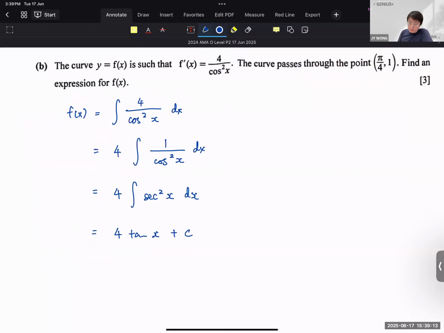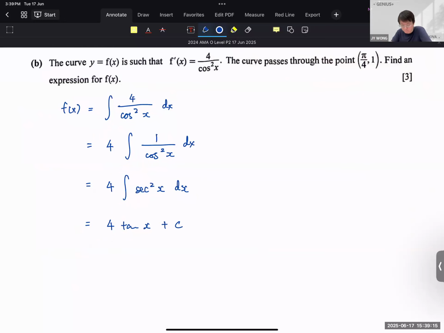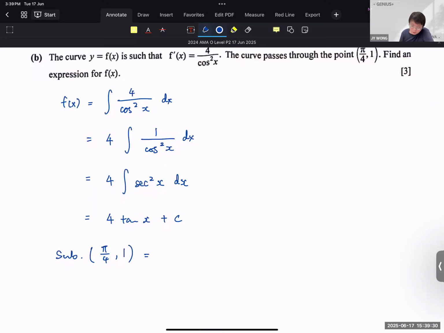Then what's the next part? You need to sub in. You need to sub in what? You sub in the point, which is (pi over 4, 1), right? Because this is your f(x), right?